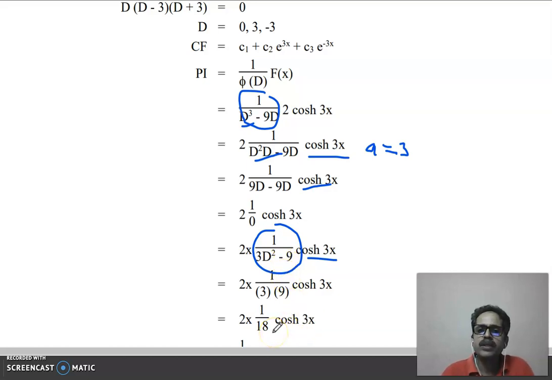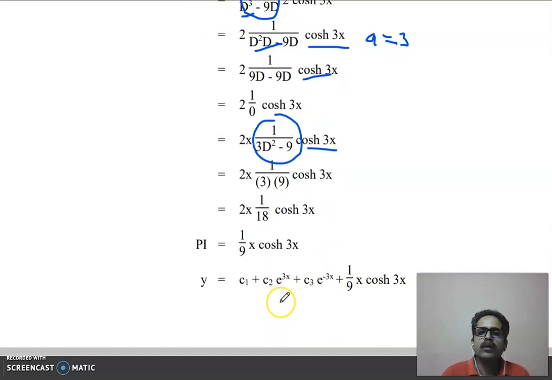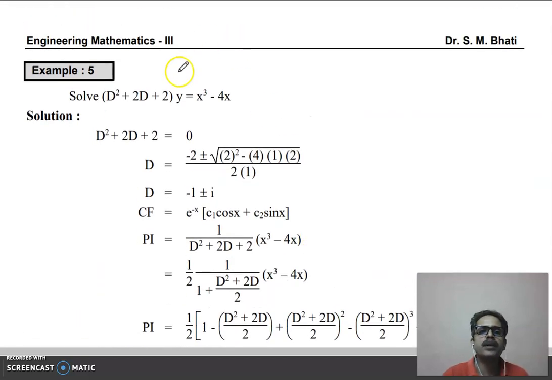Fine. So like this we have obtained this PI. And adding CF and PI, we can get the complete solution for the given differential equation. Let's see the next example.